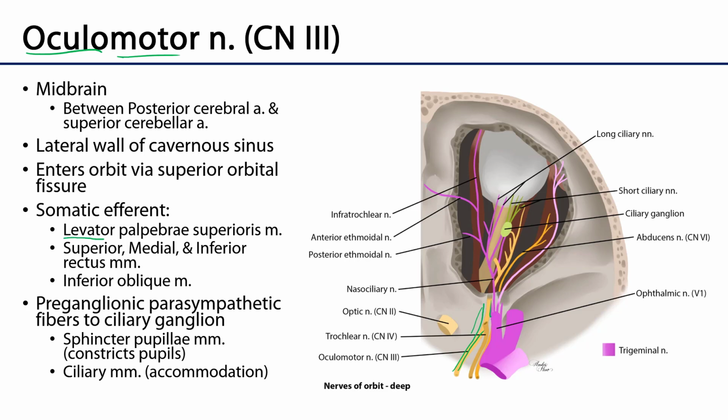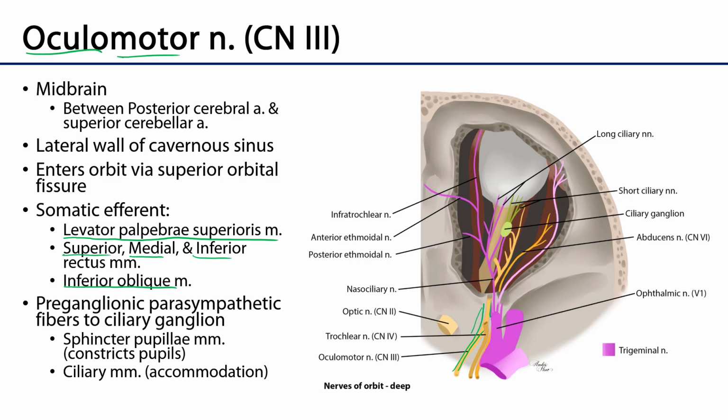The muscles that it innervates include levator palpebrae superioris, the superior, middle, and inferior rectus muscles, and the inferior oblique. So that's going to leave out the superior oblique muscle and the lateral rectus muscle, which are innervated by the trochlear nerve and the abducens nerve, respectively.